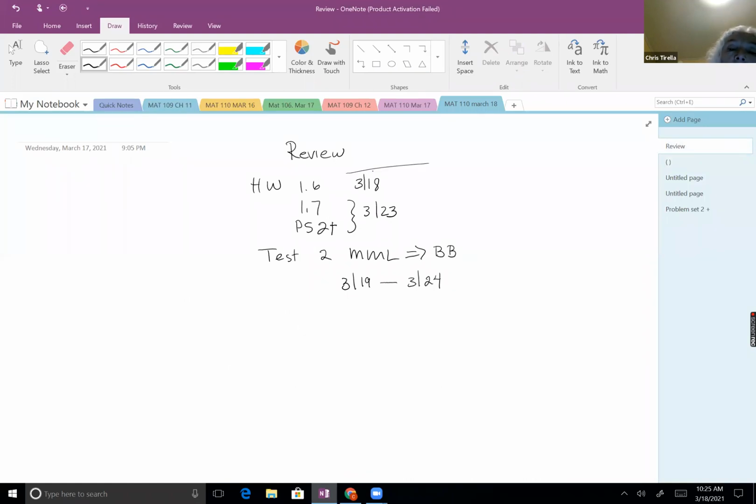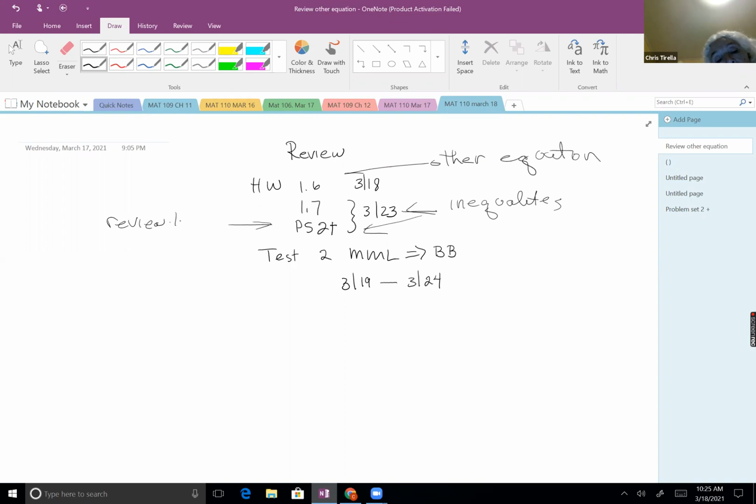Those involve those other equations. And homework 1.7 is due on Tuesday. That is the problem set. Those involve inequalities and review for the test.